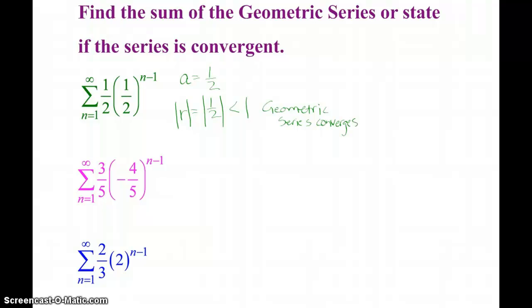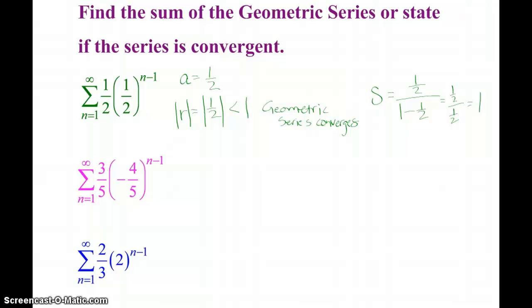And if the geometric series converges, the sum will always be a over 1 minus r. This is 1/2 over 1/2. The sum of this series is 1.